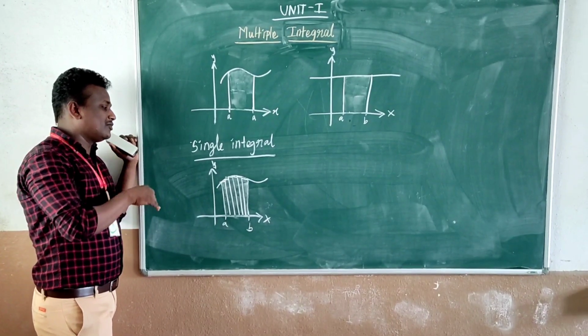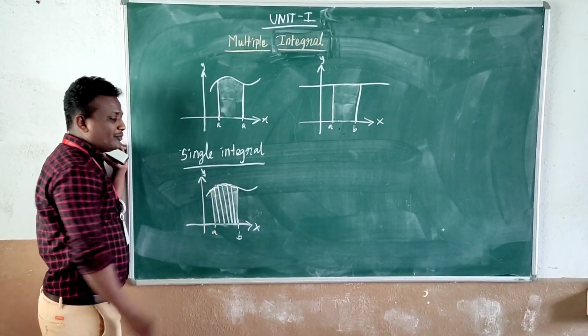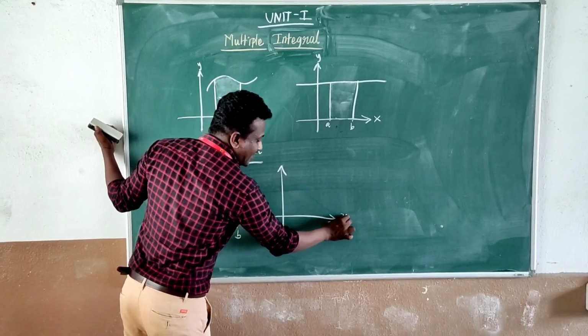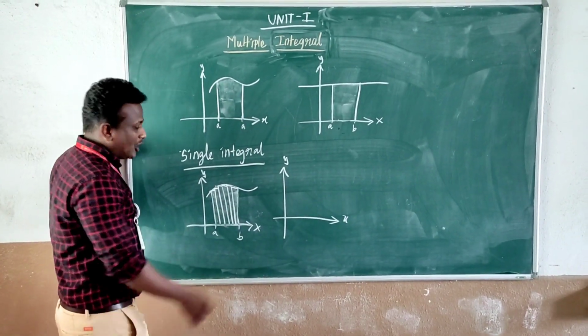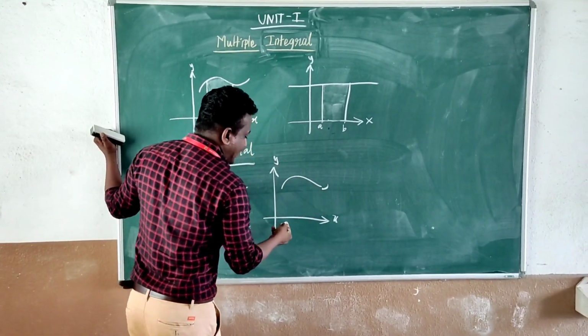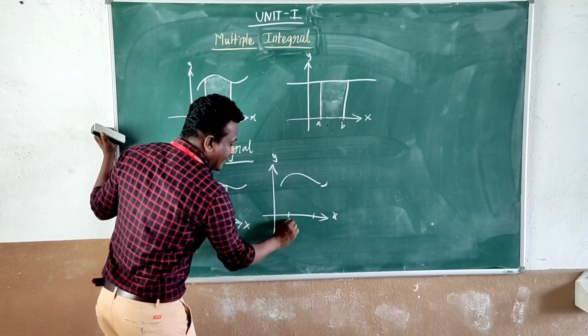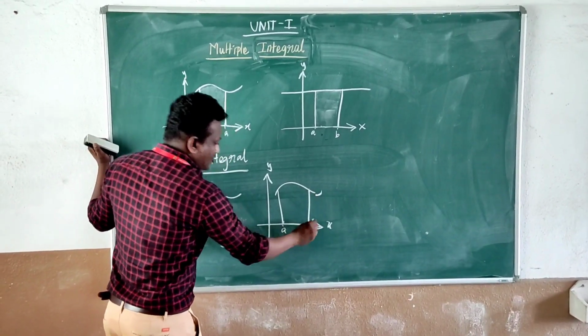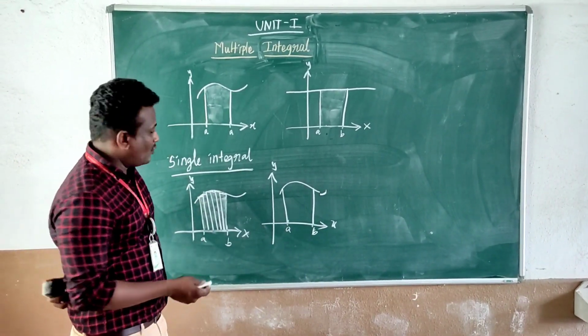So if we want to handle this kind of situation, what can we do? Again take x and y axes. Now again there is a curve. Now take 2 points A and B. Just connect these 2 points. Here I am going to find the area.